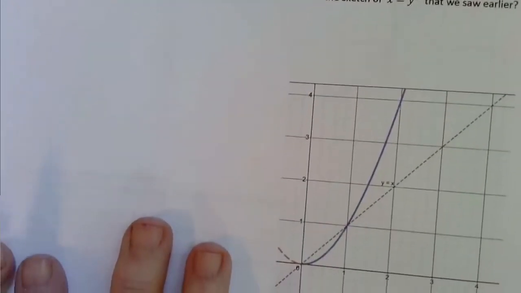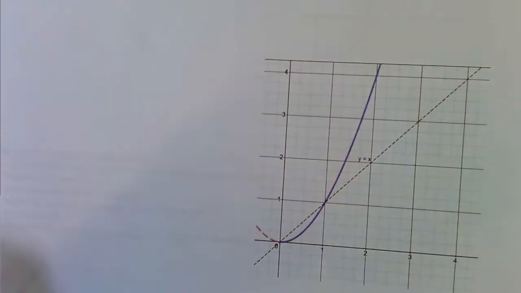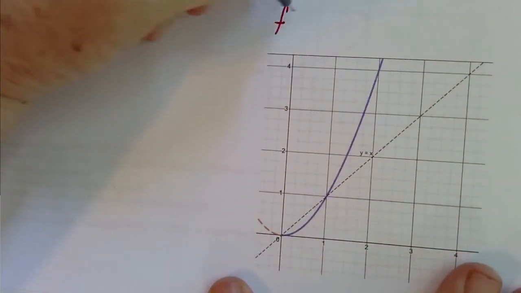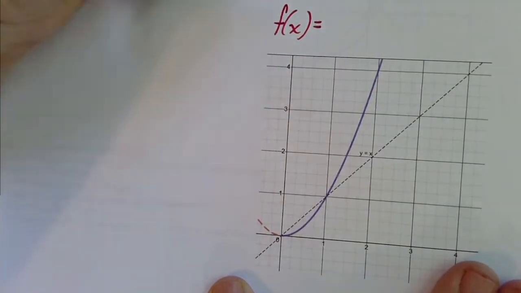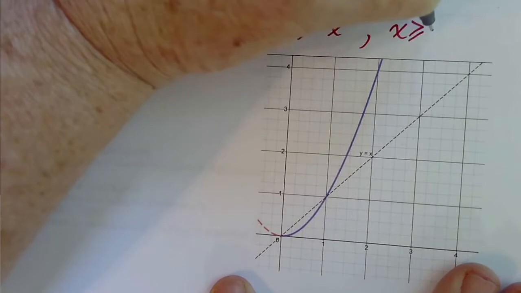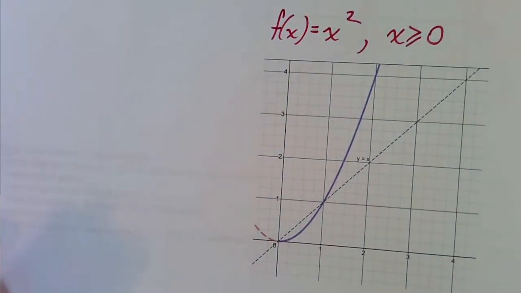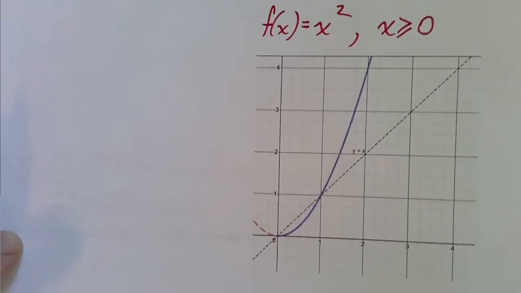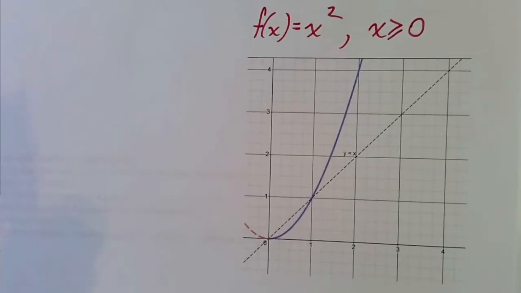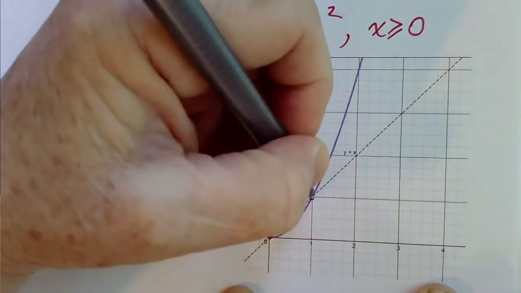So let's take this single arm of the function f of x equals x squared, where x has to be greater than or equal to 0. Let's find some points on here and graph the inverse of f of x. I see several nice points.